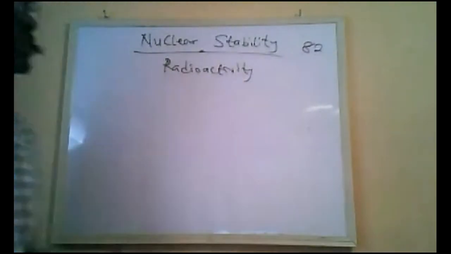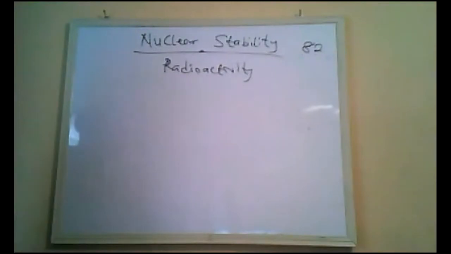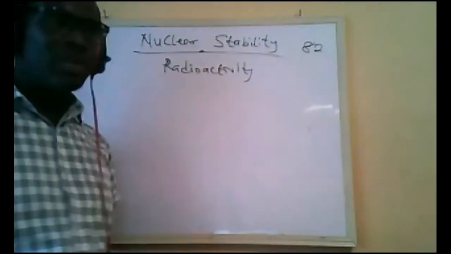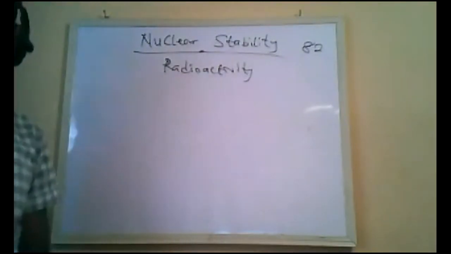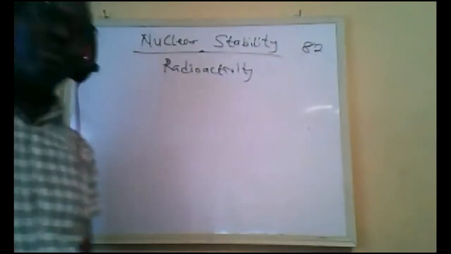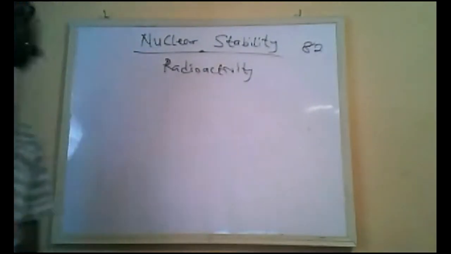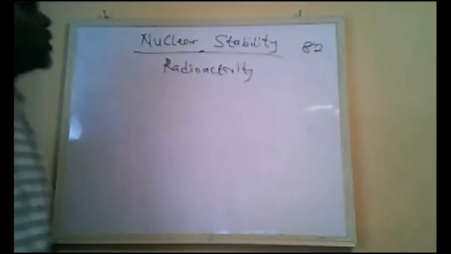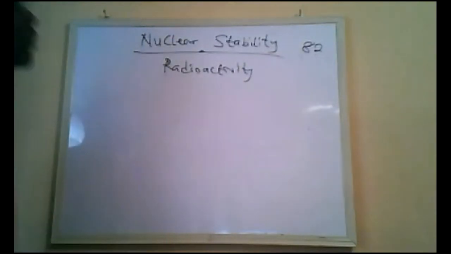Radioactivity is the giving off of radiation in an atom, in a nucleus, for that nucleus to become stable. There are so many processes that could take place for that atom to become stable.